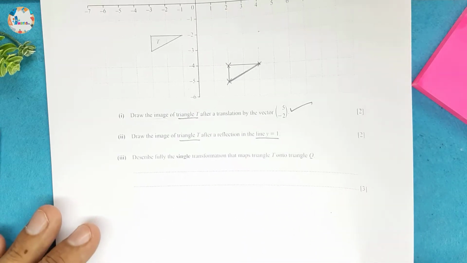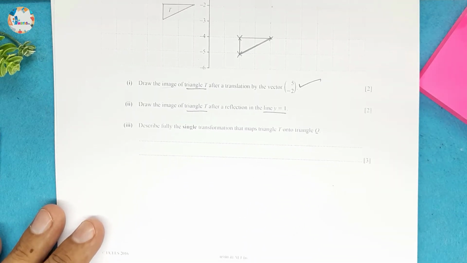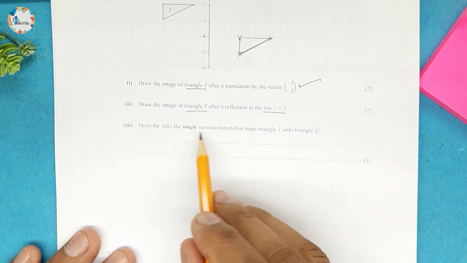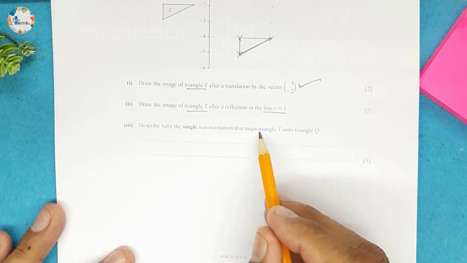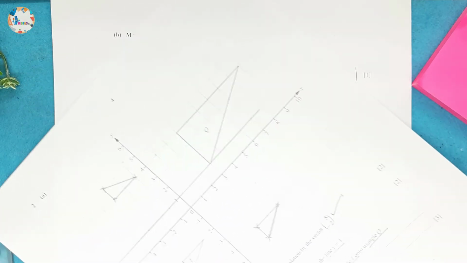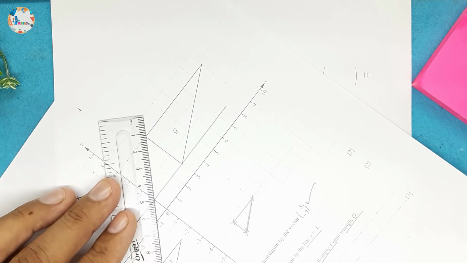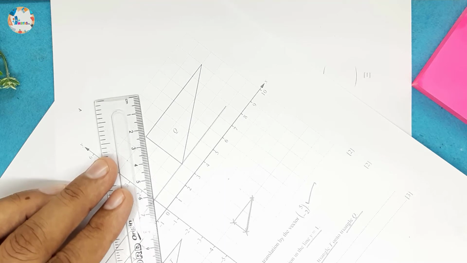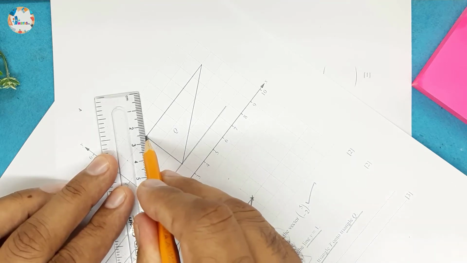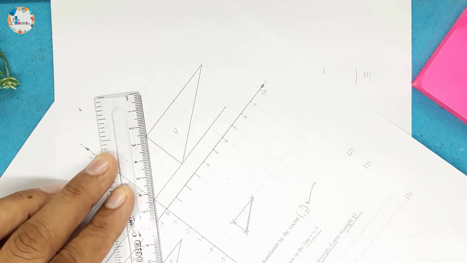Then part 3, describe fully the single transformation that maps triangle T onto Q. So T onto Q. So we will rotate the page and check this transformation. So what we can do, we can join these vertices, basically this with this one, and we can join like this.